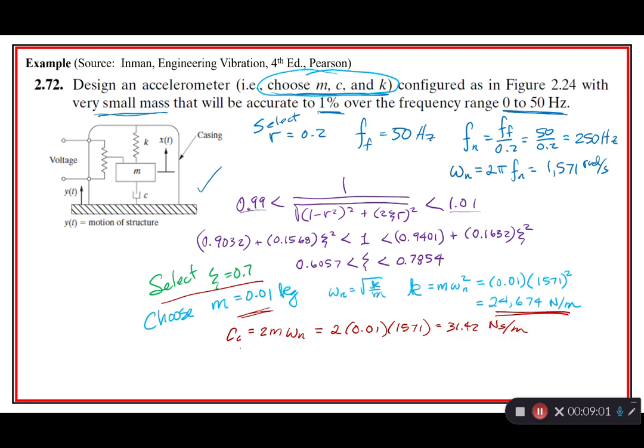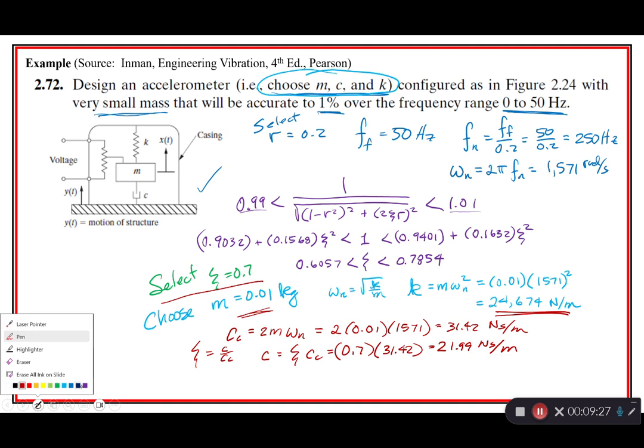So when we go to our zeta equals C over Cc, we pick the C to be equal to zeta times Cc, or 0.7 times 31.42. So now we have a C of 21.99. And I ain't picking 24.99, I'm picking 22.